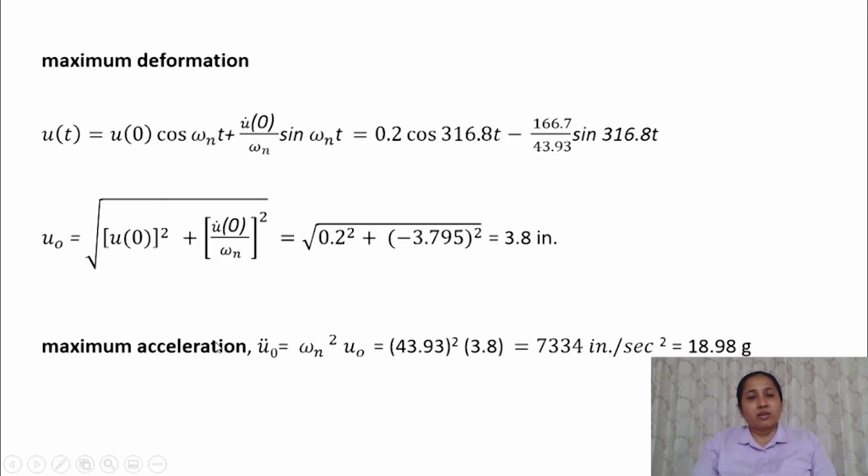So maximum acceleration is equal to the maximum displacement multiplied by omega n square. We know the value of omega n, so we can find the maximum acceleration as well. Just substitute the value and get the acceleration of the instrument.